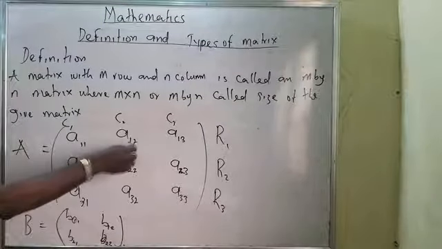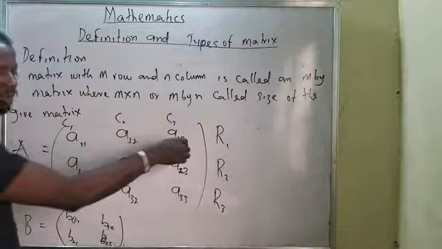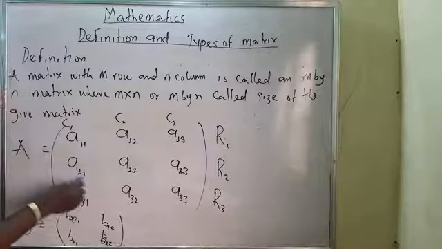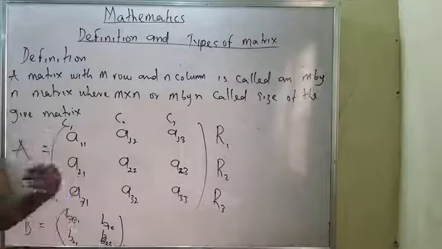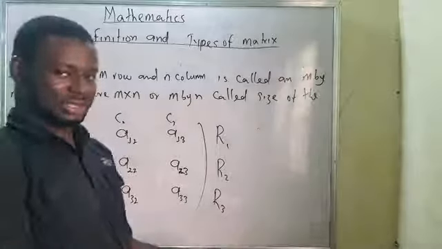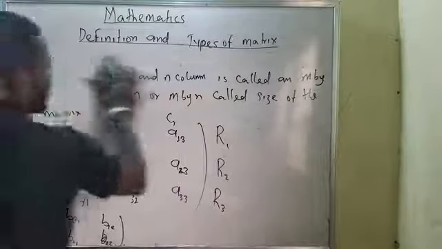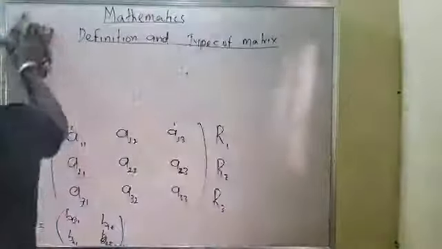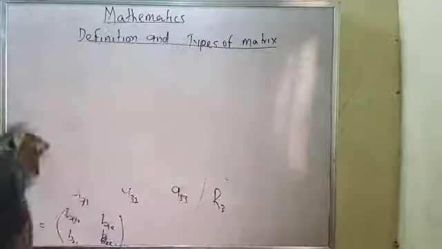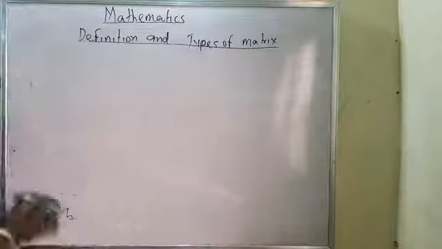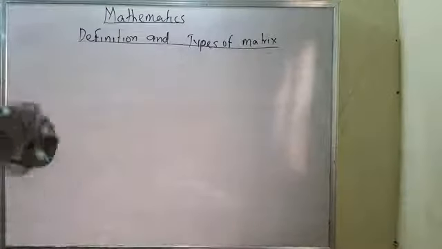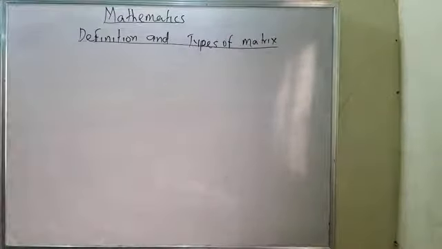Row 1, column 2. Row 1, column 3. Can you see? Row 2, column. That is how we interpret a matrix. Now, let me quickly explain what is called the order of a matrix before I proceed to types of matrix. It means after you view this video, you should be able to understand everything about matrix.